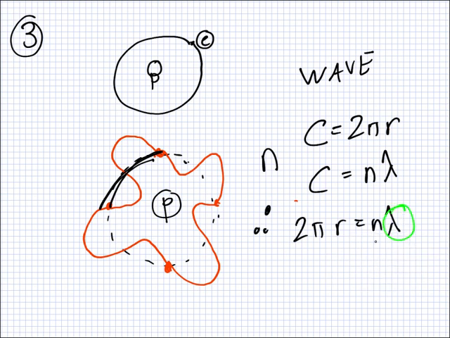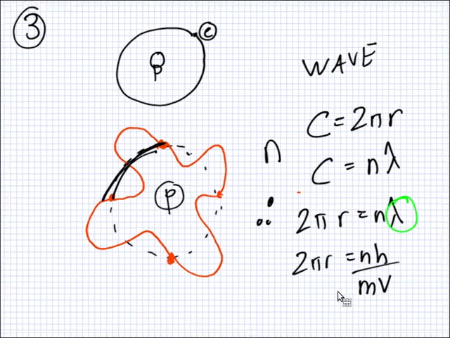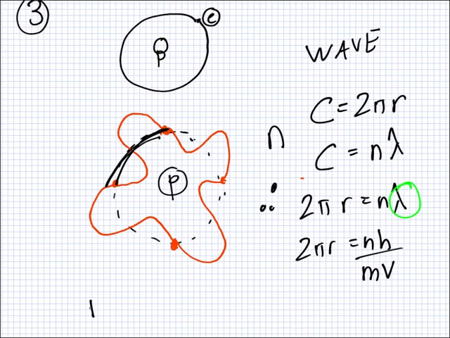But you have a formula for lambda from last class: lambda was h over p, which was h over mv. And what am I asking you for? Find a formula for r. So now you have r equals nh over 2 pi mv. So that's the first part done, A, which is find a formula for r. You can write that down if you need to.